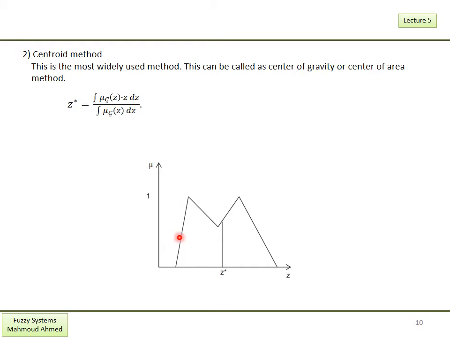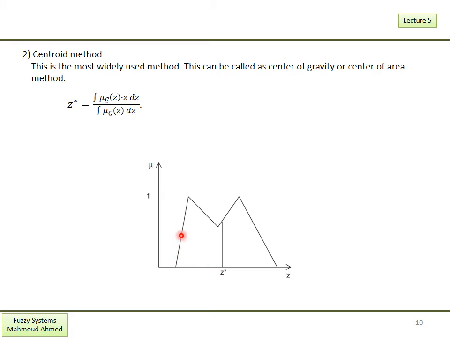So this means we have to get, for all these straight lines, the equation describing the line and multiply it by z, and at the end divide by the integration of this membership function. This can be obtained numerically by calculating each equation for the given straight line.